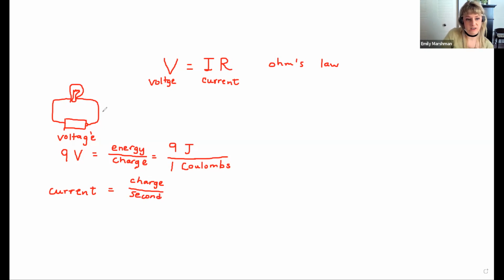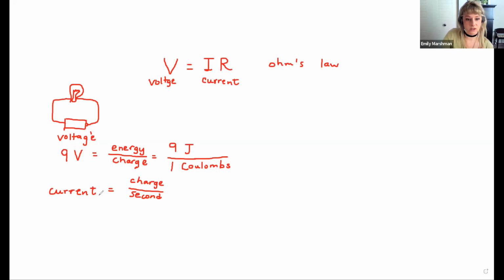And if I look anywhere in this particular circuit, everything is in series with each other. Like the battery is connected through the wire, is connected to the light bulb, and then it flows back through. So it would make sense that everything here is going to have the same current flowing through it.